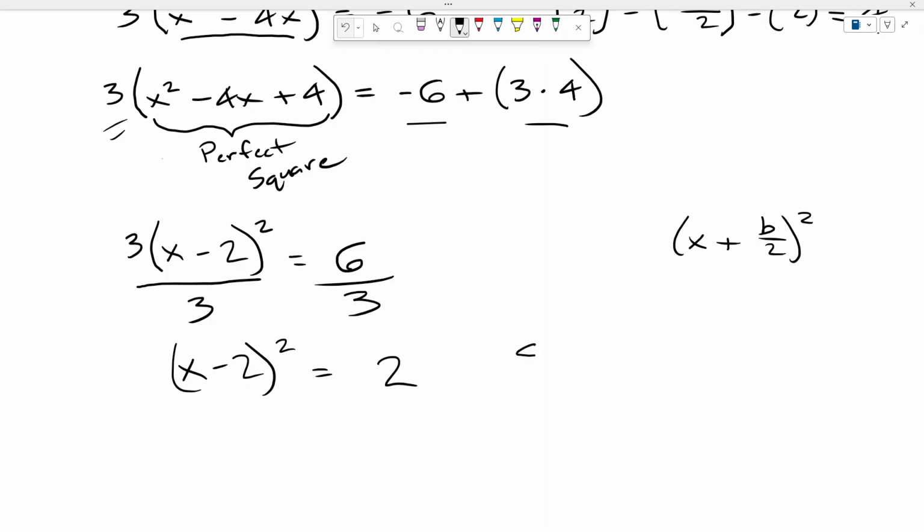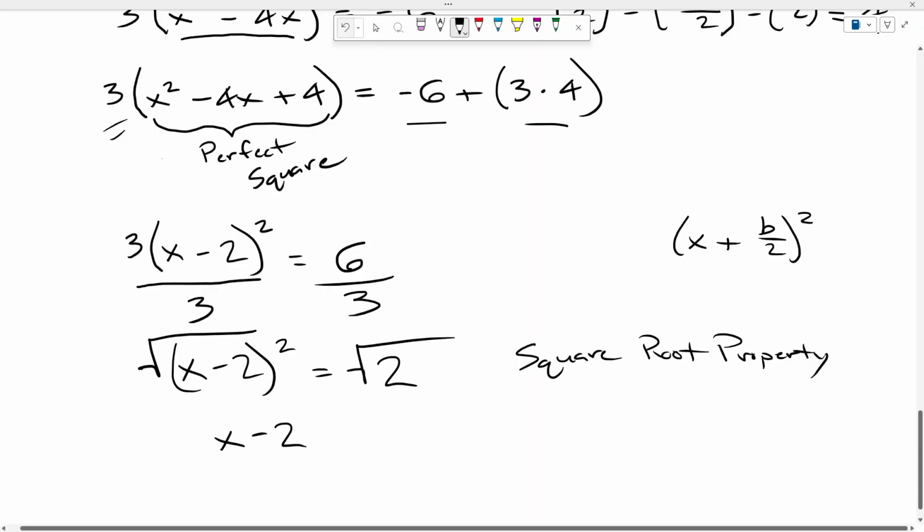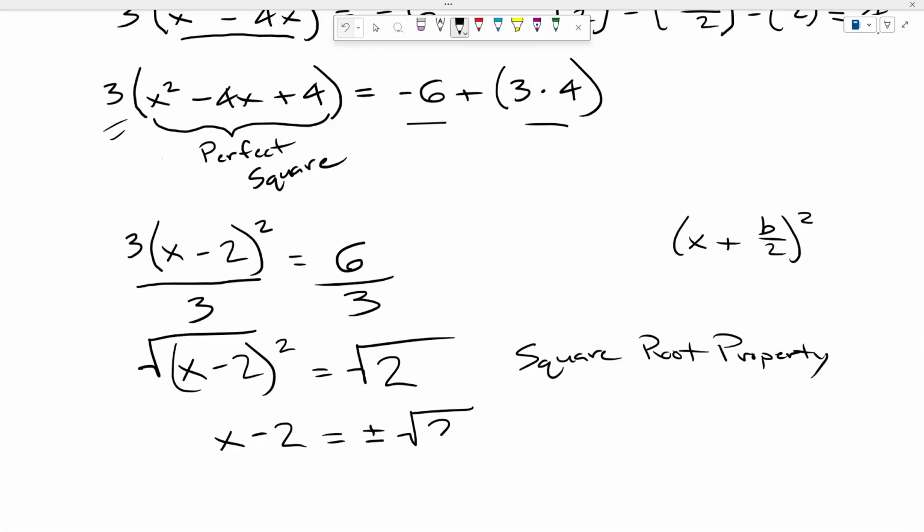And now we are in perfect shape to apply the square root property. So we take the square root of both sides. So we end up with x minus 2 equals plus minus square root of 2.